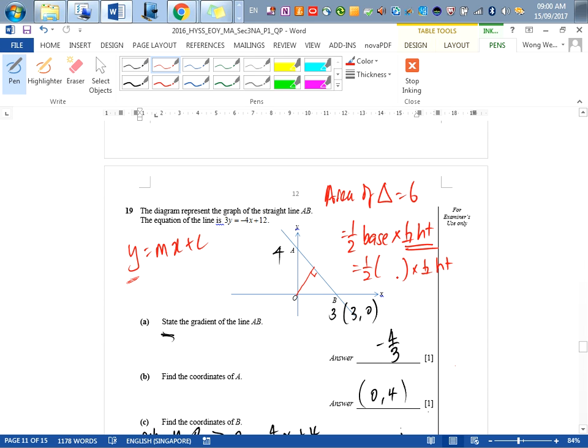What is this base? AB, yeah. And that is 5. This is equal to 6. So perpendicular height equals 12 over 5 equals 2.4 units. Okay, this is the answer for part F.